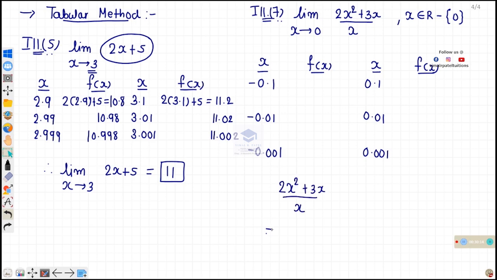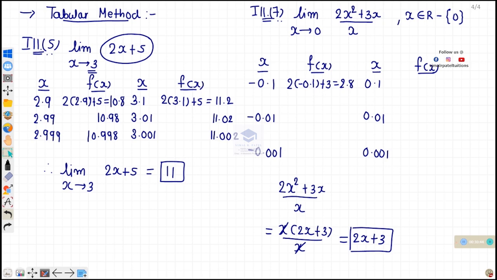First of all, let's simplify. We can take x common in the numerator. So now it will become 2x plus 3, x cut. Now 2 into minus 0.1 plus 3, so 3 minus 0.2, so it will be 2.8.